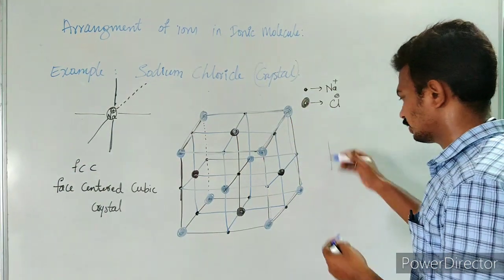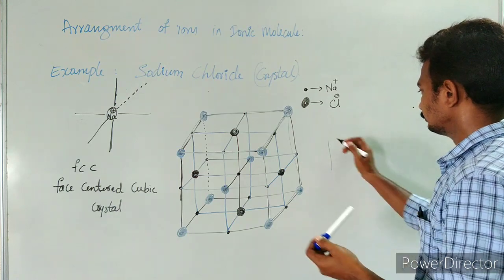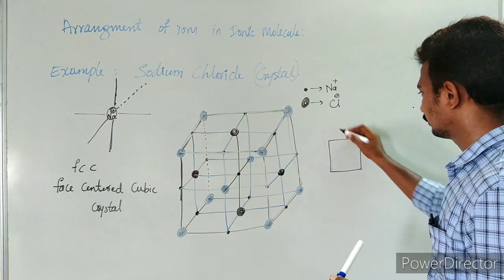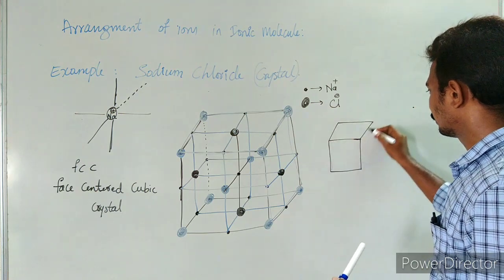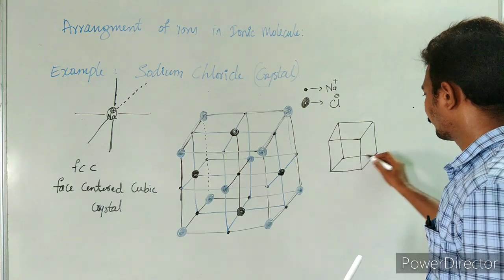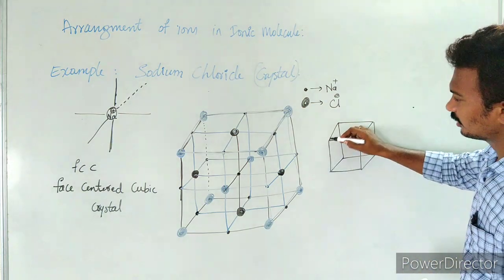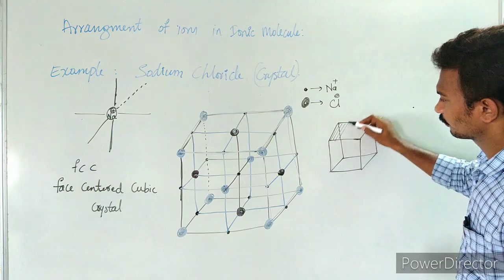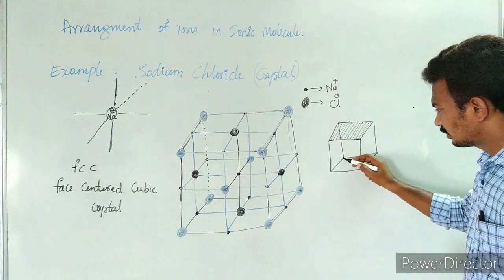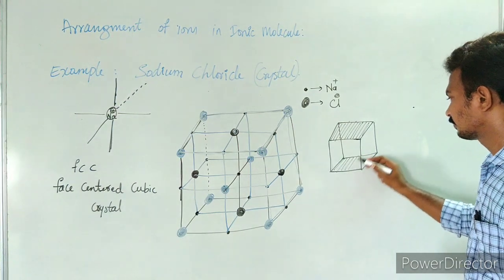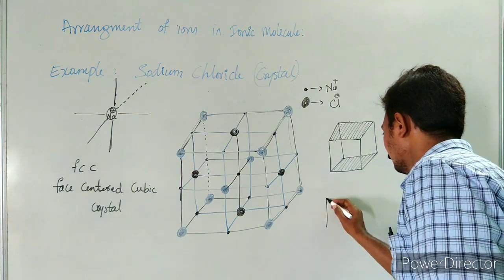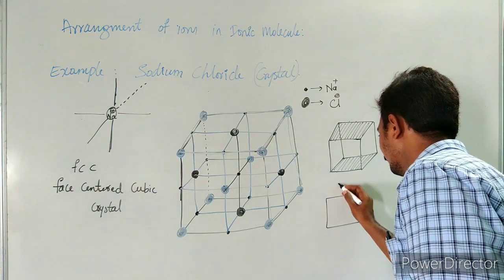So let us take a small cube and we can understand that. What is a face? I will represent the face now. This is a small cube. So this is a face, top face. This is a bottom face. If you take one more cube, you can understand the left and right faces.